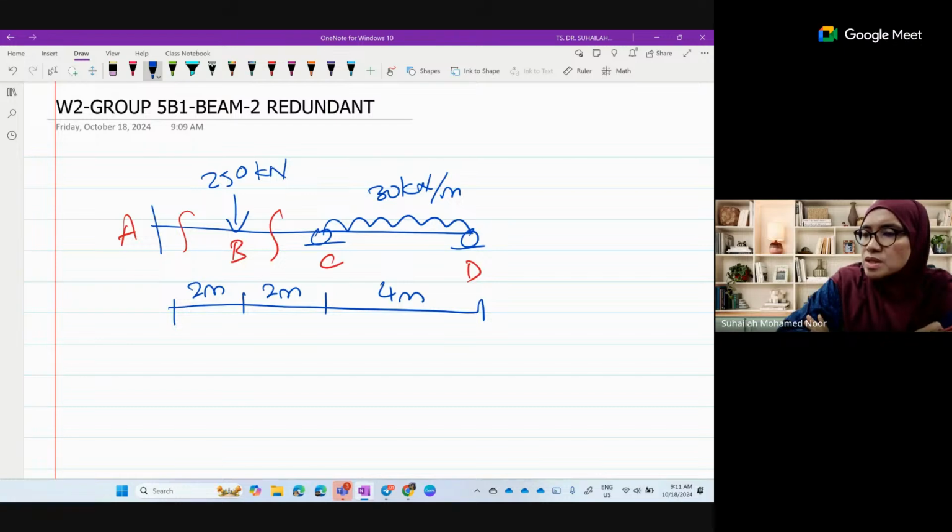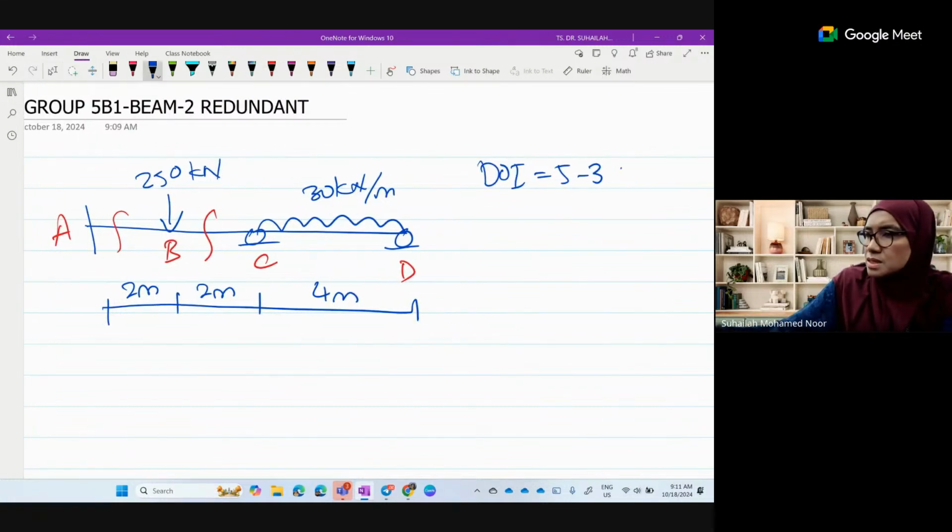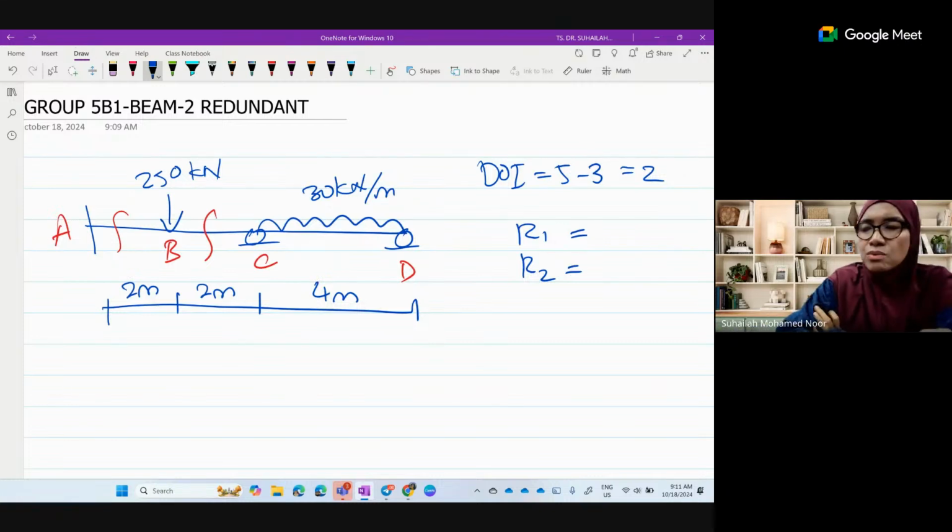Okay, there are 3 possibility as usual, 3 possible primary structure. Okay, DOI is 5 minus 3. It is 2 redundant in the system. So R1 and R2. Okay, let's say kita tak nak cantilever, kita ambil simply supported beam.